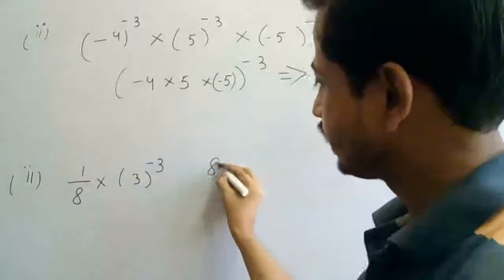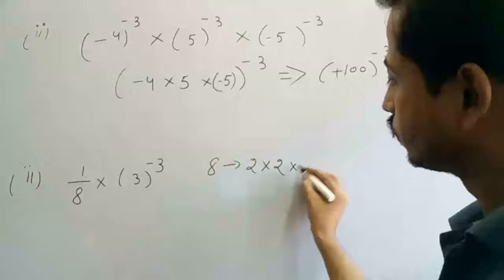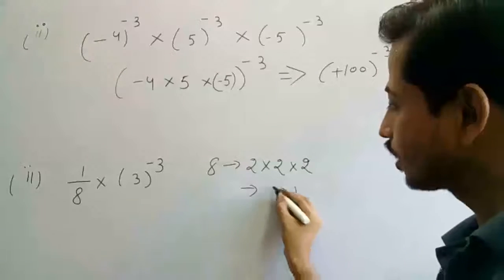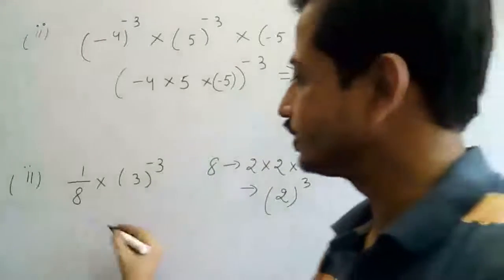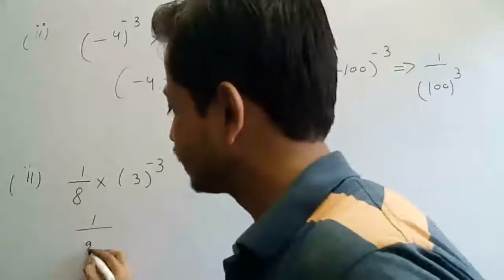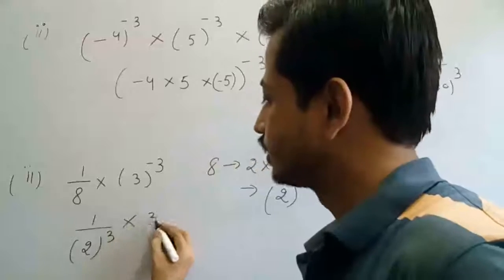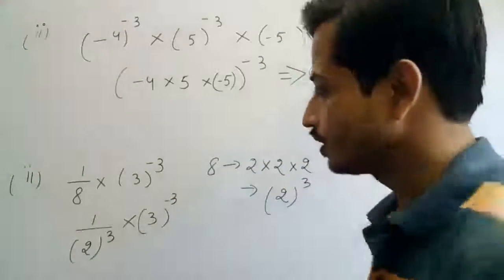And you know 8 can be written as 2 into 2 into 2, so this can also be represented as 2 raised to the power 3. It's very simple. So apply this: 1 upon 8, and 8 can be written as 2 raised to the power 3, multiply 3 raised to the power negative 3. Now solve this.